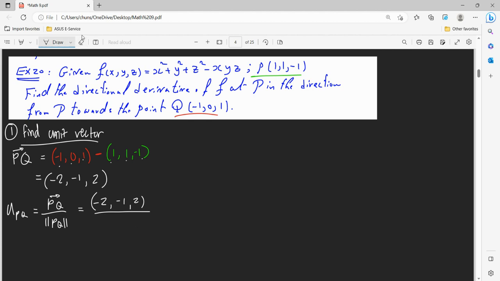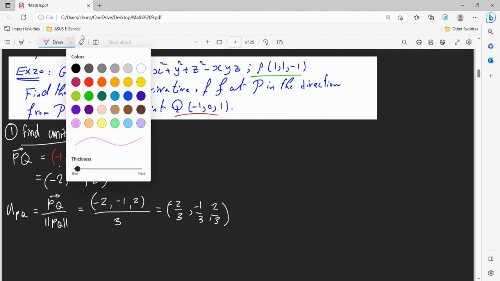So I'm flying through this because I've had lots of practice, but you can always slow it down. Okay, and this is negative 2 over 3, negative 1 over 3, and positive 2 over 3. So this is our unit vector. I'm going to just highlight this in pink.